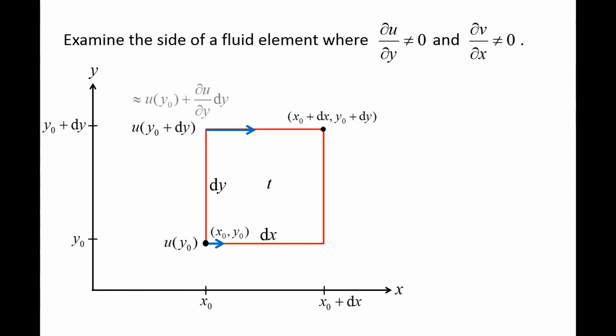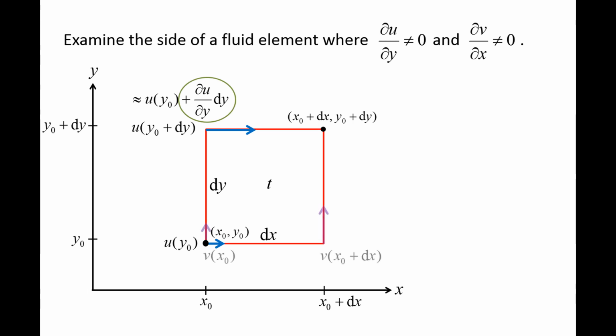Since dy is very small, we can use a Taylor series approximation to rewrite the velocity on the top of the fluid element as u at y0 plus partial u partial y times dy. Partial u partial y is evaluated at y0, but we will omit y0 to avoid cluttering the screen. Notice that the difference in velocity between the top and bottom sides of the fluid element is given by partial u partial y times dy.